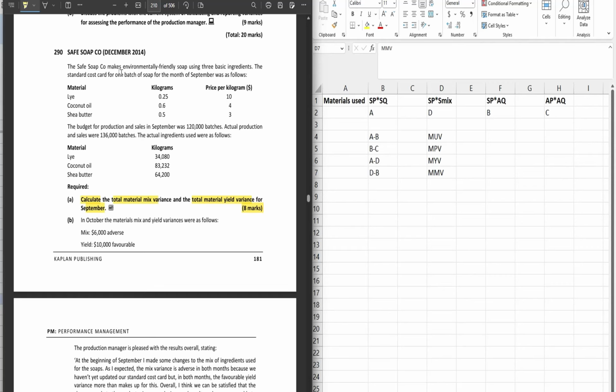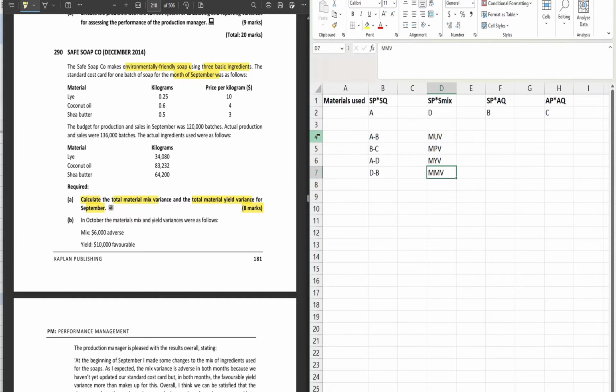Safe Soap Company makes environmentally friendly soap. That's very interesting. Using three basic ingredients, so three kinds of ingredient or material are used to produce the final product, soap. The standard cost card for one batch of soap for the month of September was as follows.